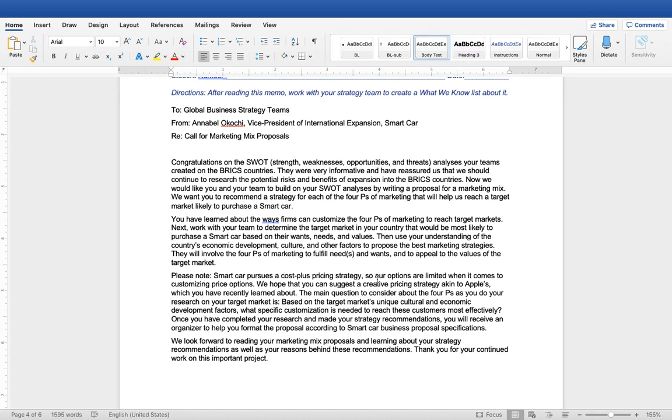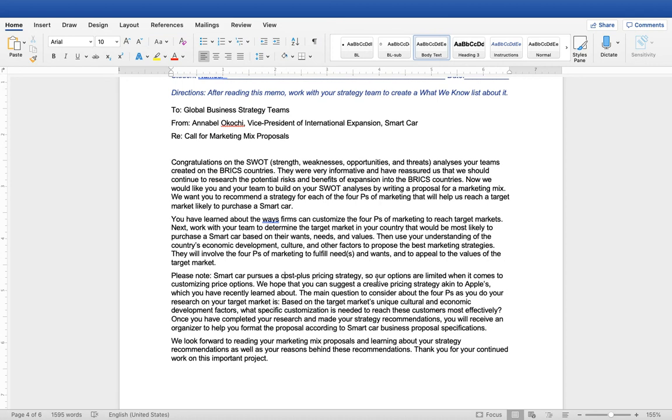You may have to try the penetration pricing strategy, where you set your prices very low. You may lose money in the beginning, but after you gain product recognition, brand name recognition, and the trust of the customers, you gradually start increasing your prices. Maybe you want to position your Smart Car as a very high-end vehicle, just like Mercedes, and take advantage of the fact that Smart Car is under the same parent company as Mercedes-Benz.